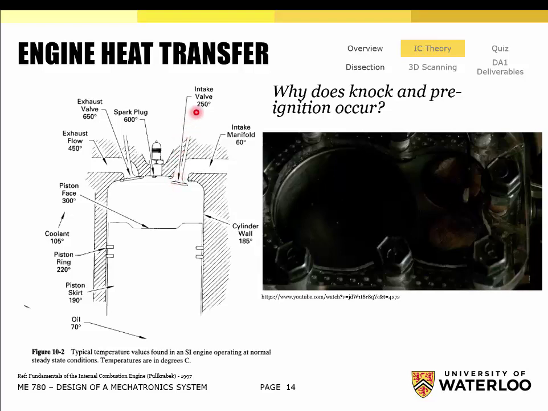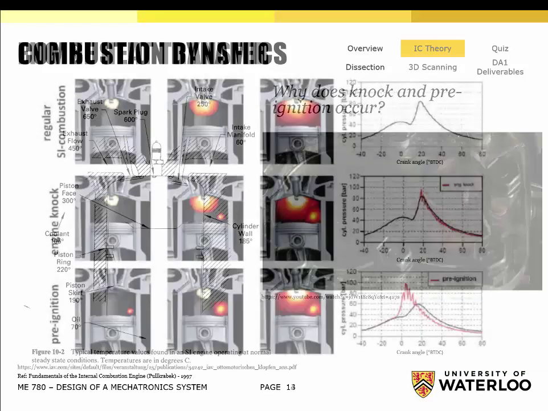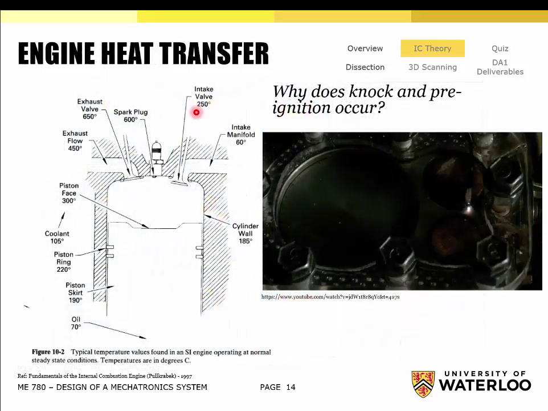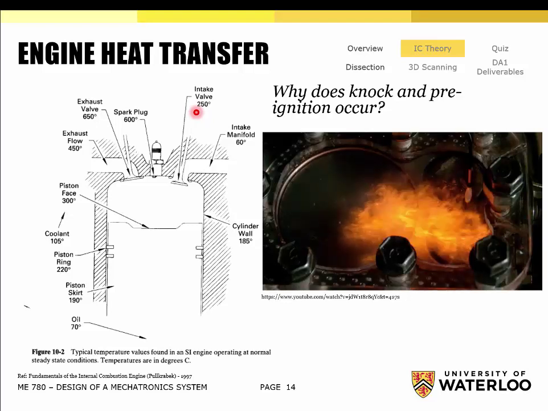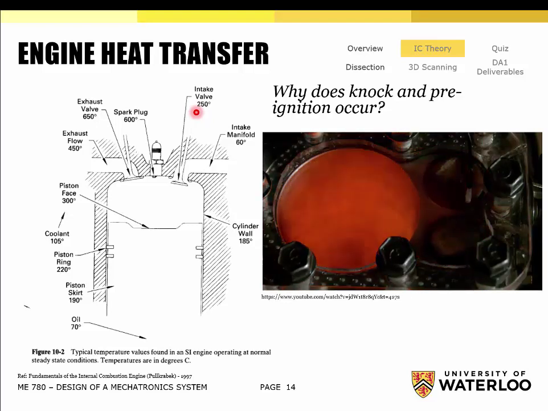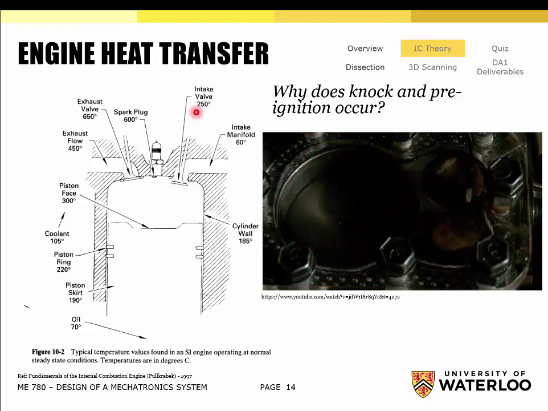That's why the intake valve is only 250 degrees Celsius, because of the fact that we might actually have liquid fuel that's crashing against it, as you see here, okay? So we're not passing any hot gases through the intake valve, and we're actually cooling it with liquid fuel somewhat. You don't get that with direct injection.